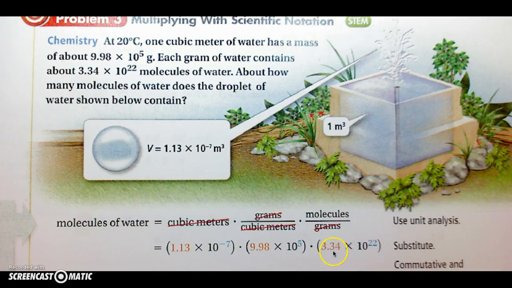Next, we're going to look at the 3.34, and it says each gram of water contains about this many molecules. So 1 gram of water has this many molecules. So again, the grams got canceled out because there's a 1 underneath here for the grams. And so we just substituted in each of these.